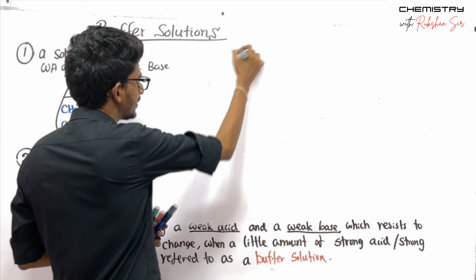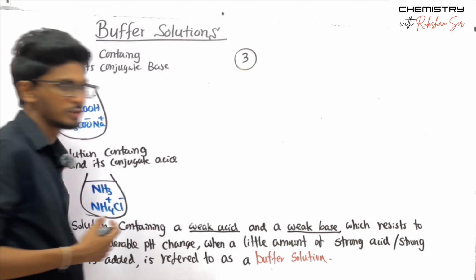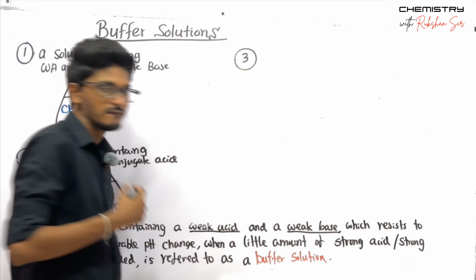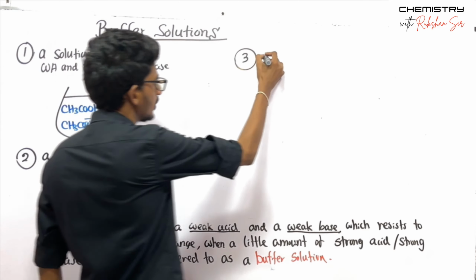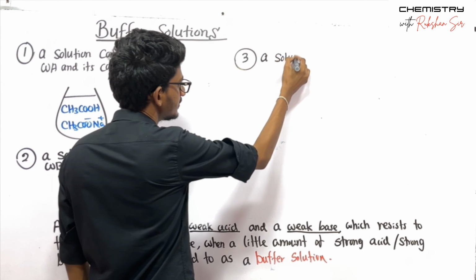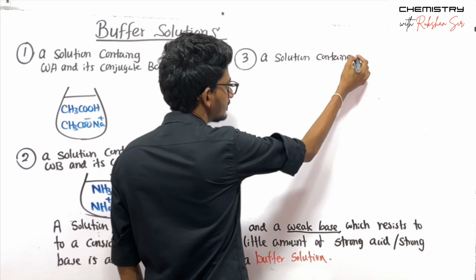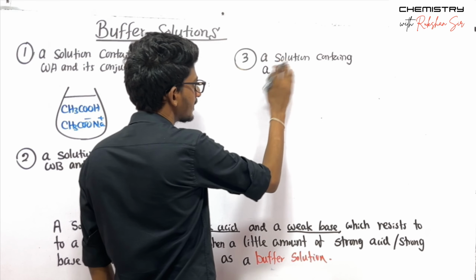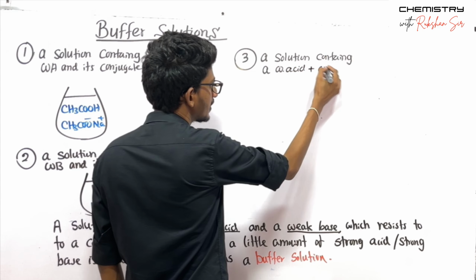The third type: you could construct a buffer solution with a weak acid, weak base salt. So a solution containing a weak acid, weak base salt.